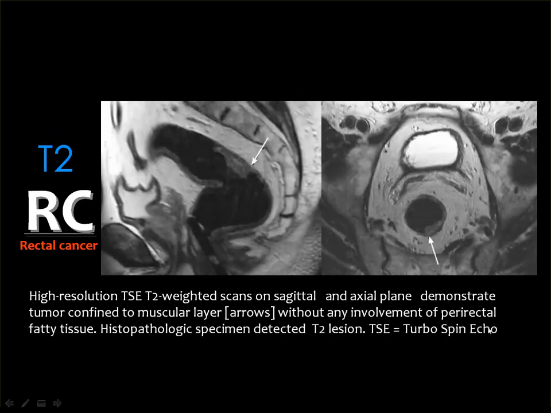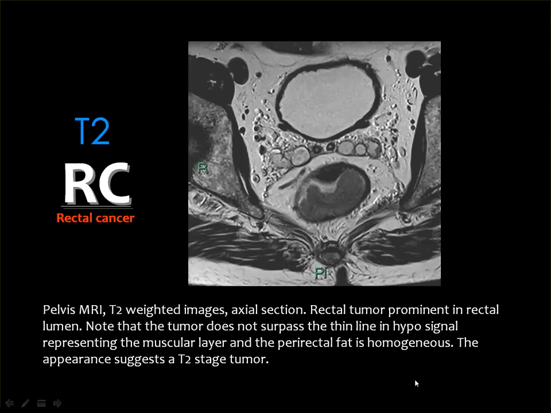Then this is another example. I'm trying to give many examples so that you get familiar with this particular area of anatomy and pathology. Then you see this mass, and you see the intactness of the muscularis propria. The axial images are very good for the evaluation of the tumor margin.